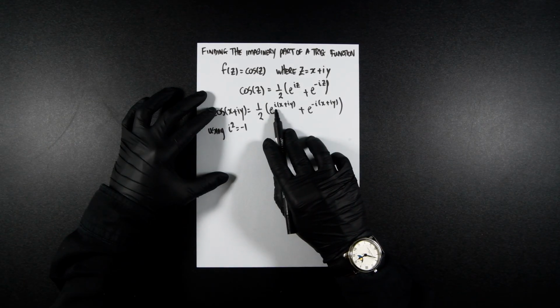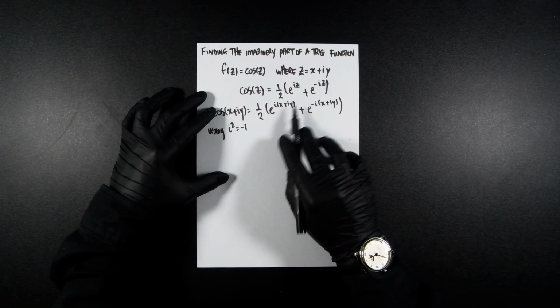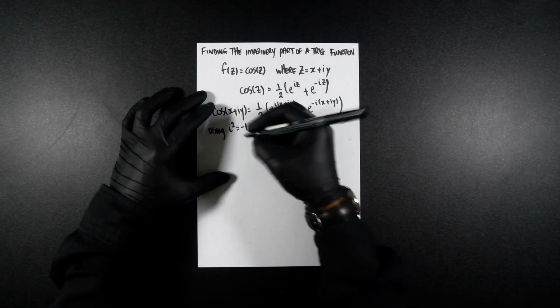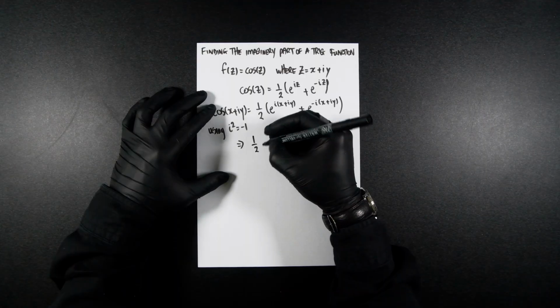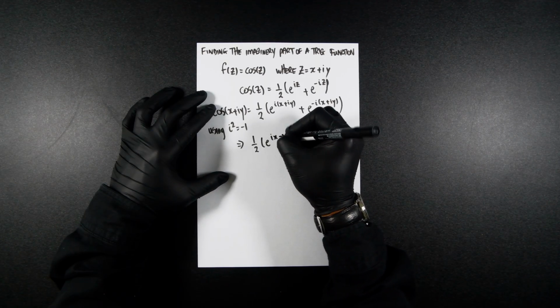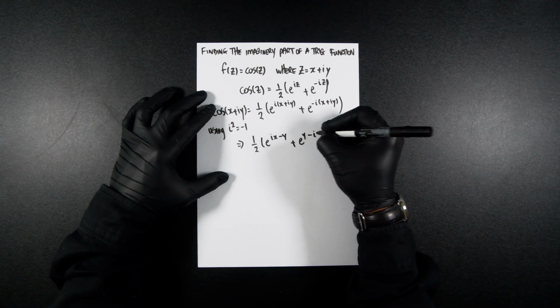Once we expand the ix and i squared y, you can substitute in this minus 1. I'm not going to rewrite that again. You're going to get half e to the ix minus y plus e to the y minus ix.